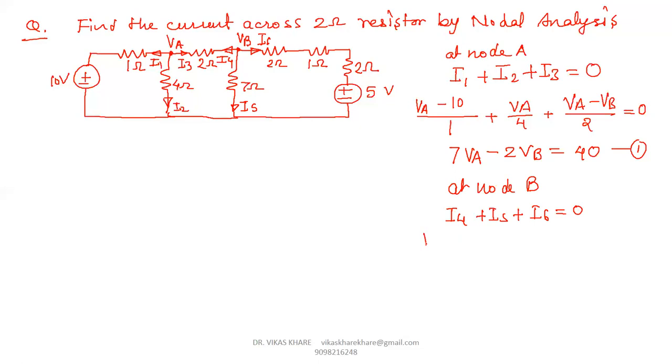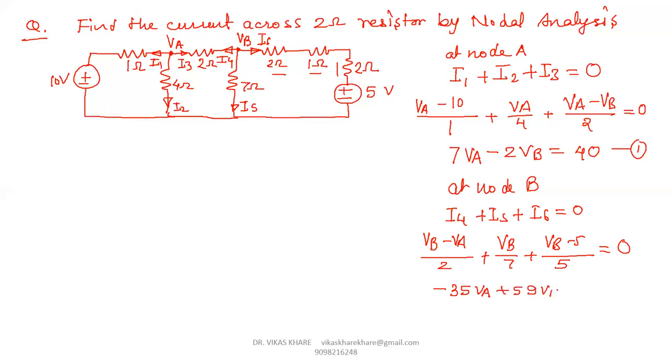So VB minus VA divided by 2, plus VB upon 7, plus VB minus 5 upon 2 plus 1, that is 3 plus 2, 5, is equal to 0. The equation becomes minus 35VA plus 59VB is equal to 70.